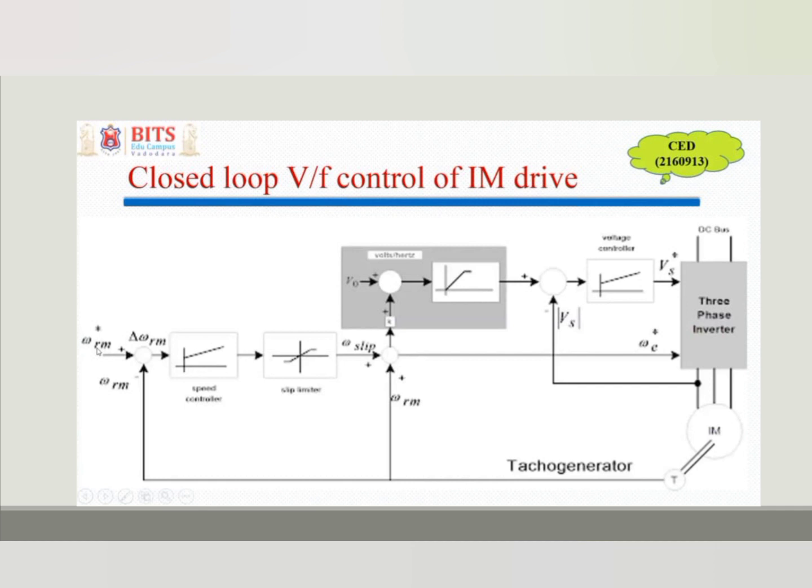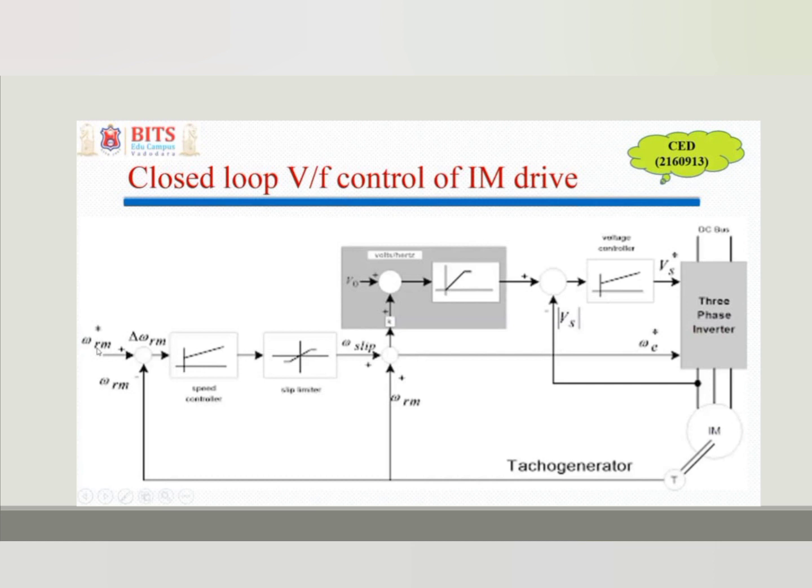The desired frequency f star is converted to omega star by multiplying it with 2π, and then omega star to omega t star by integration. With this desired voltage V star and angle omega t star, we can get three sinusoidal signals for the PWM control circuit.